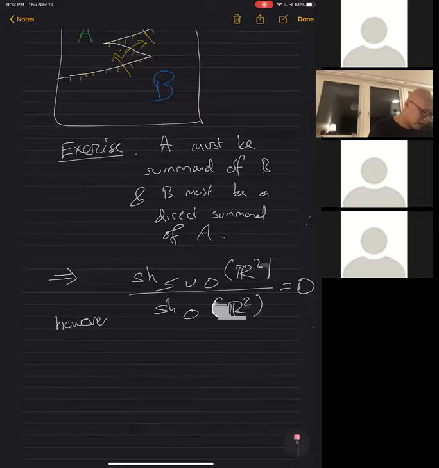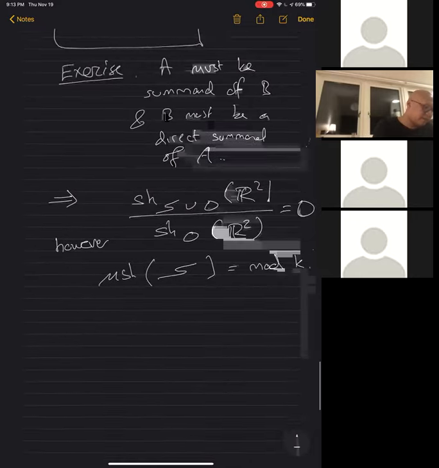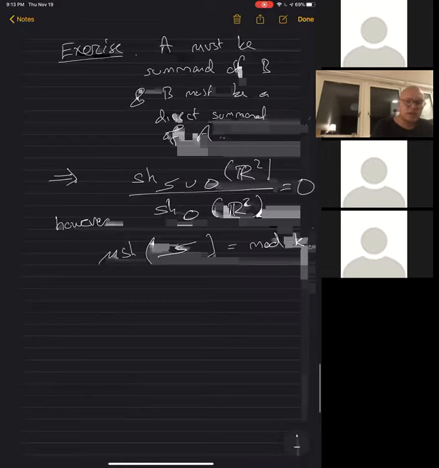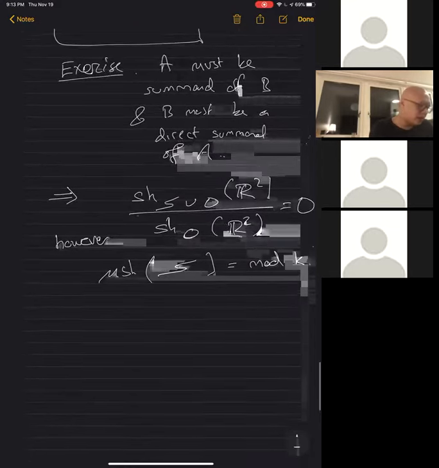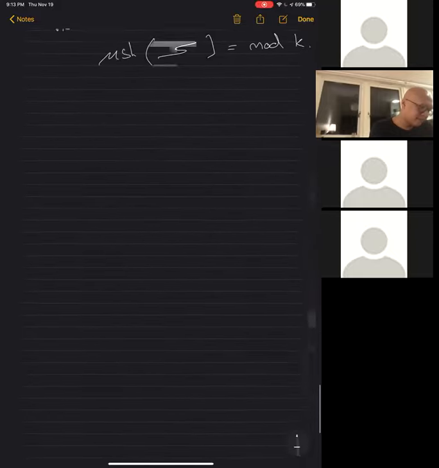However, in fact, mu sheaves of this thing is not 0. If you compute it, it is isomorphic to vector spaces mod K. So this is an exercise to understand what is going on here. I won't do it in detail.